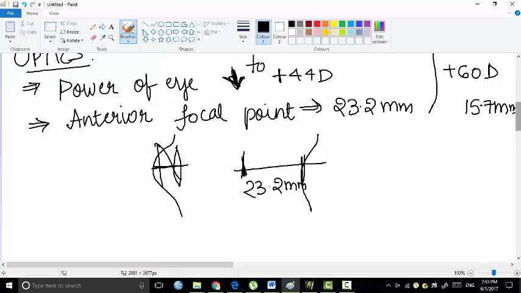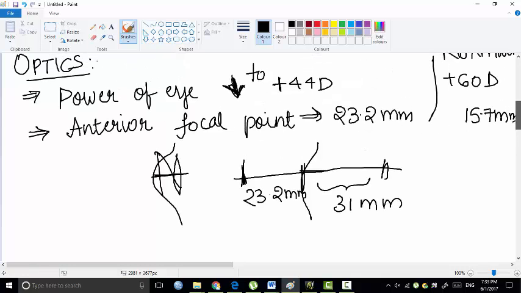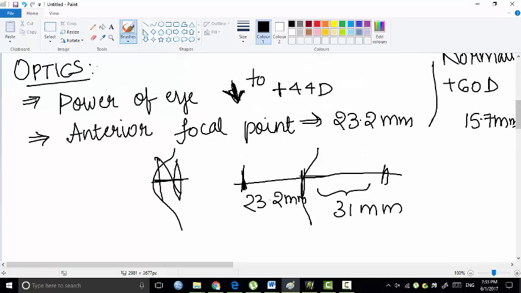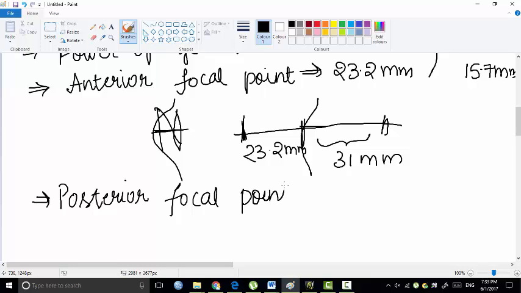There is also a posterior focal point which is behind the cornea. This posterior focal point is about 31 millimeters behind the cornea in aphakia, but normally it is just 24 millimeters.